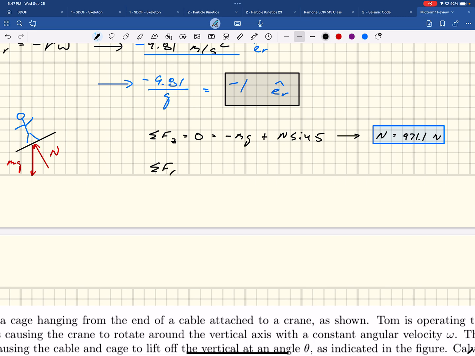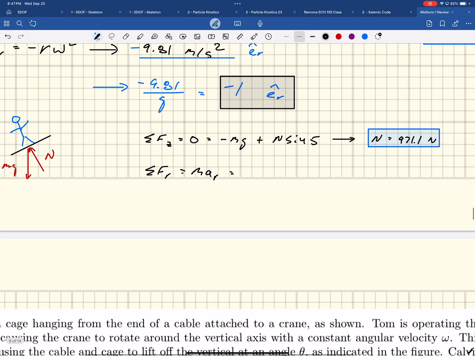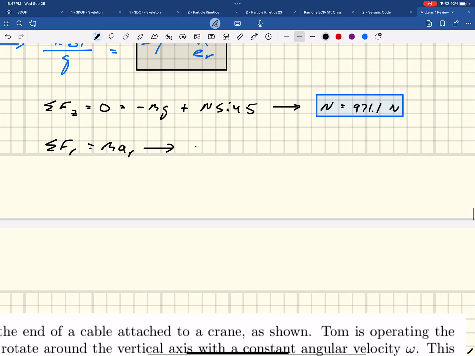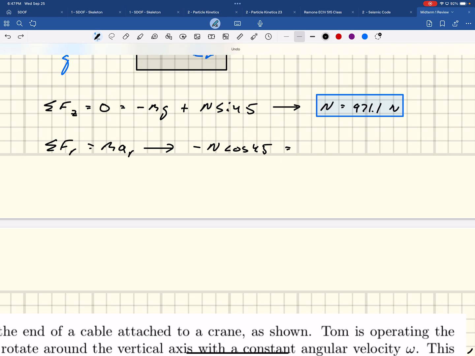The sum of the forces in the r direction is equal to m a_r. Write down what the forces in the r direction are: negative N cosine 45 is equal to m times negative r omega squared.